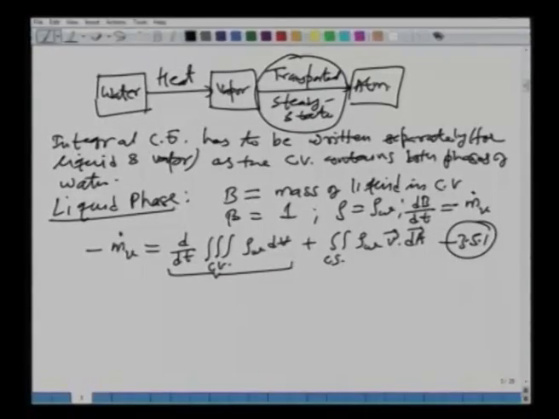So, what would the first quantity be? All right. It is the time rate of change of extensive property stored within the control volume. What is the extensive property? In this case, the extensive property is the mass of the liquid water. Is the mass of the liquid water changing as a function of time in the pan?